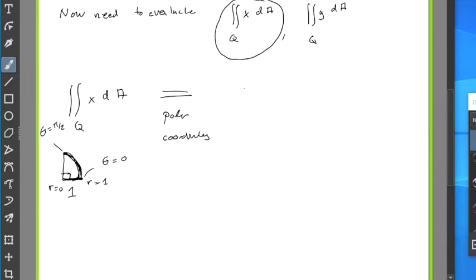So the new limits are clearly that r goes between 0 and 1, and theta goes between 0 and pi halves. x turns into r cosine theta. And when going over to polar coordinates, we mustn't forget the Jacobian or functional determinant. That's an extra r here.